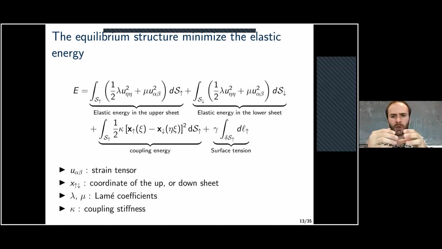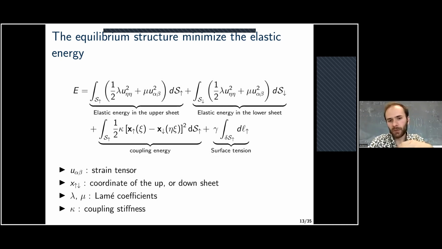So the reason I'm showing you this equation is to tell you that it is actually a very difficult problem to solve, not only because there's a lot of things in the equation, but because the real question we are asking is, to find the optimal aggregate, what we need to do is minimize its energy not only with respect to the strain field in the system, but also to the shape, which means to the boundary of the integration.